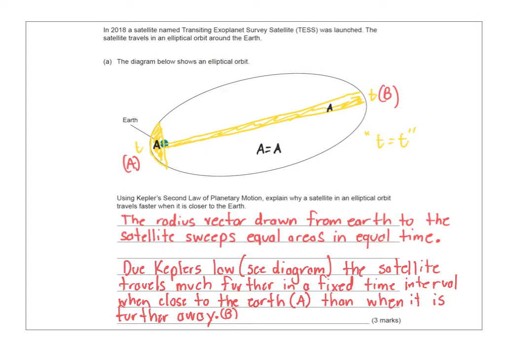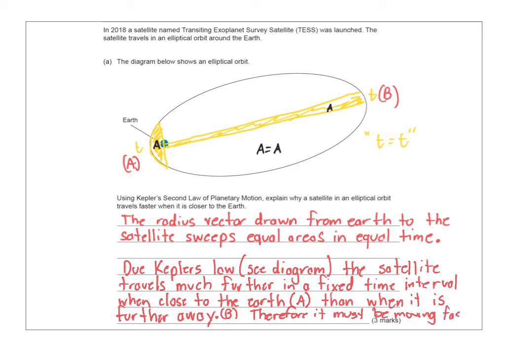And finally, probably just to get back to the question to say why it travels faster. If it's travelling much further in a fixed time interval, therefore it must be moving faster.